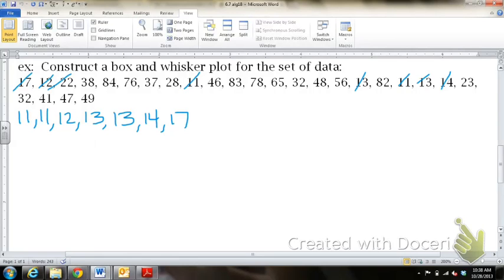And I see a 22, 23, and a 28. 30s, I have 1, 2 32s. I have a 37 and a 38.